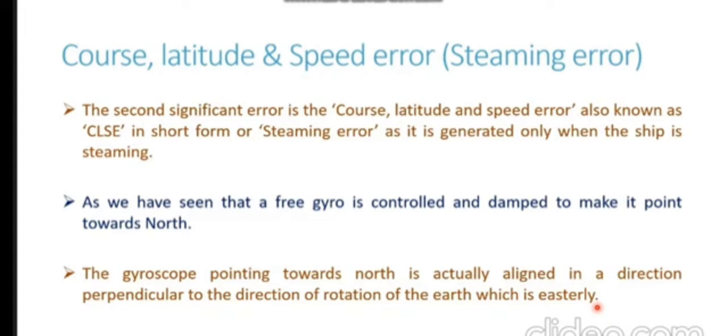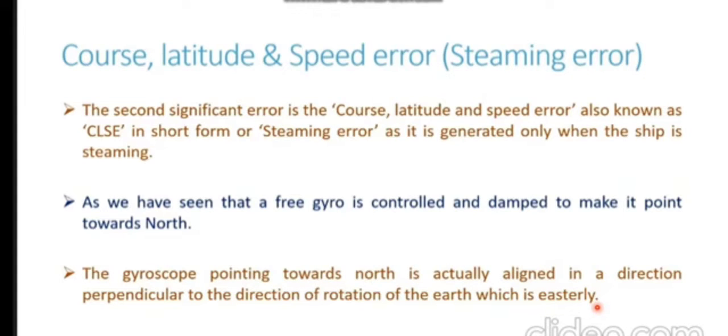You can easily understand it from the basic concept of the gyro compass. You see, the gyroscopic inertia was responsible for making the free gyro move in circular motion following the motion of a star. Now if you go to the basis of it, why does the star appear to move in a circular motion? This happens because of the rotation of the earth, because the earth is rotating on its axis in the easterly direction.